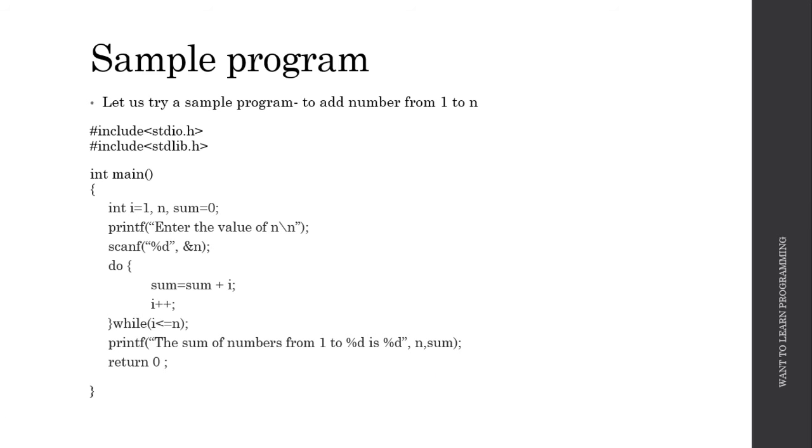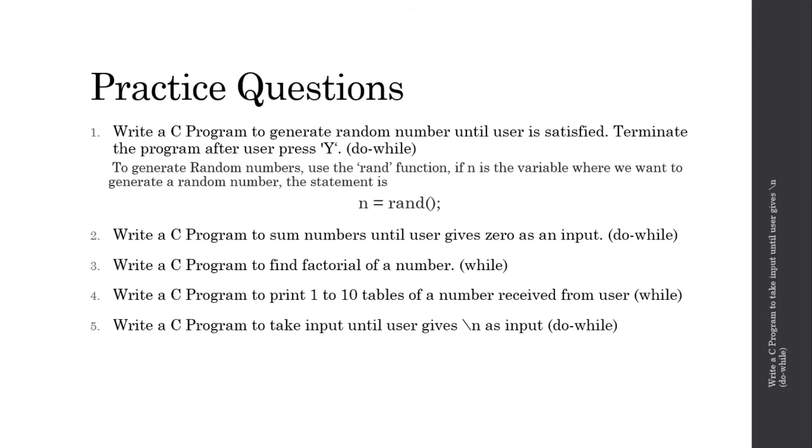So again, I ask you to execute this code in Code::Blocks so that you can understand what is really happening in the program. After this, I would recommend you to solve these practice questions. In the brackets we have specified which looping statement should be used, that is the while loop or the do while loop, so that you don't get confused.